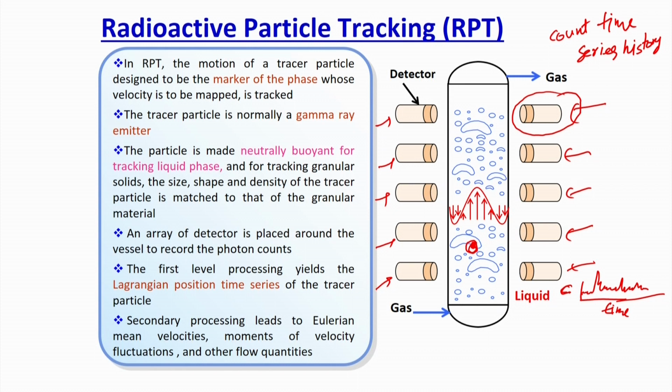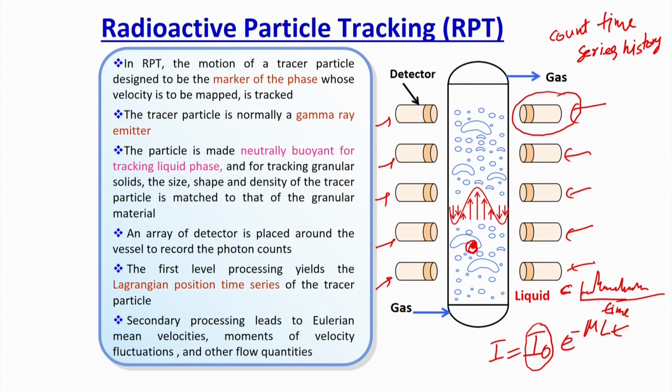Now, we know that by using Beer-Lambert's law, I equals I naught e raised to the power minus mu into L, where mu is the attenuation coefficient of the medium, and L is the distance between the source and the detector. So, if I have some calibration I naught values already existing, then I can find out the distance from each detector.